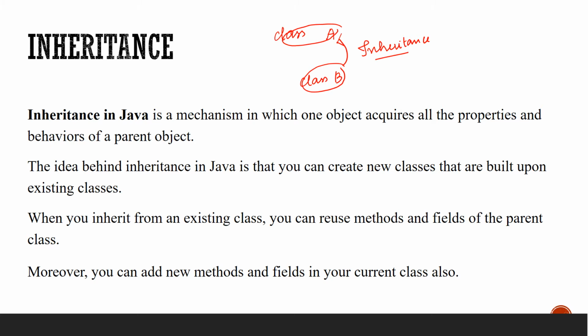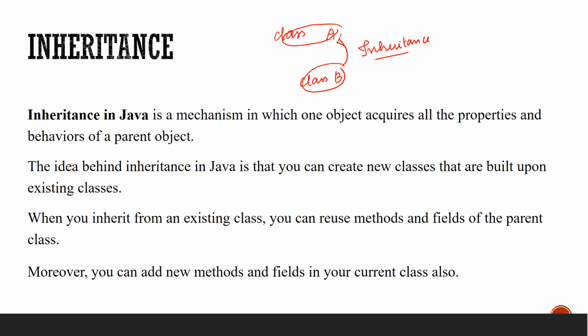To use inheritance, you have certain keywords which I'll say in the upcoming slides, but for general purpose and for your basic understanding, I'm saying it like this. The idea behind inheritance in Java is that you can create new classes that are built upon existing classes.